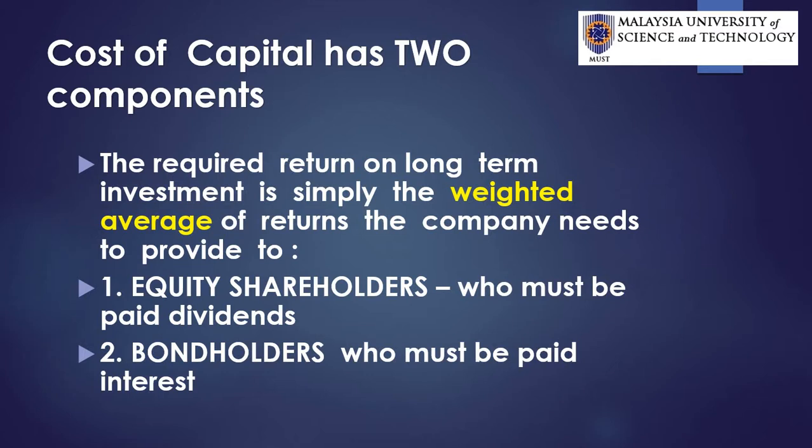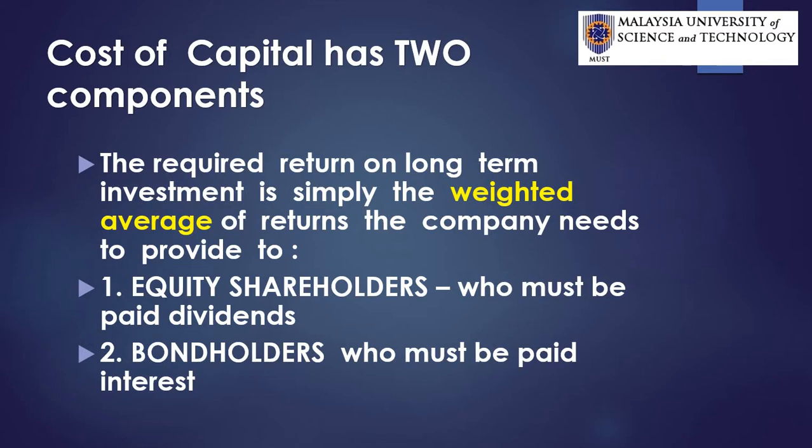And what does weighted average return mean? We ask ourselves, what is the total market value of equity and what is the total market value of the bonds? And we use the market value of equity and bonds as the weights for getting the weighted average.